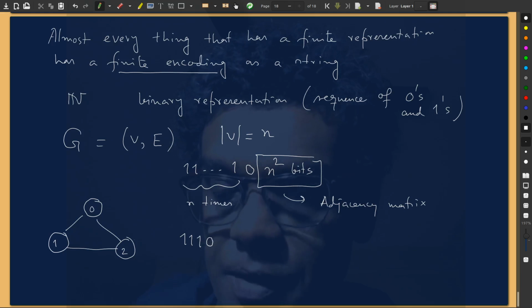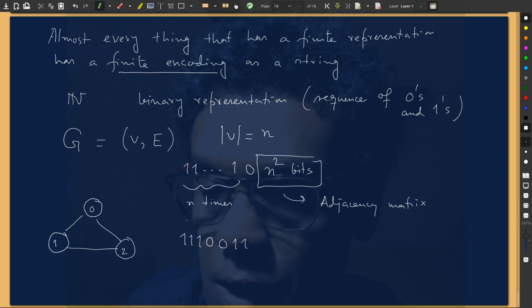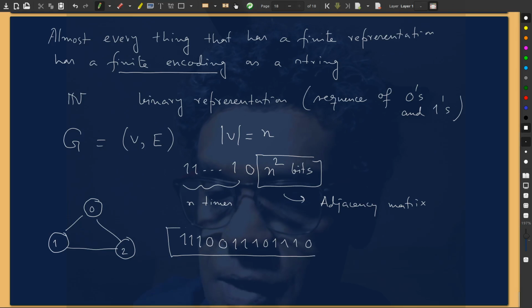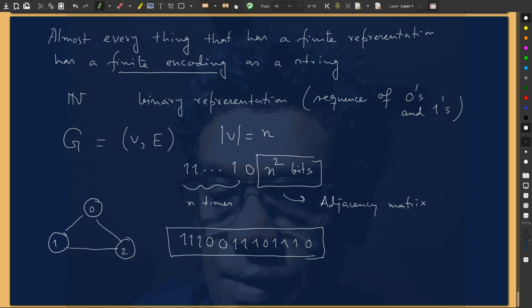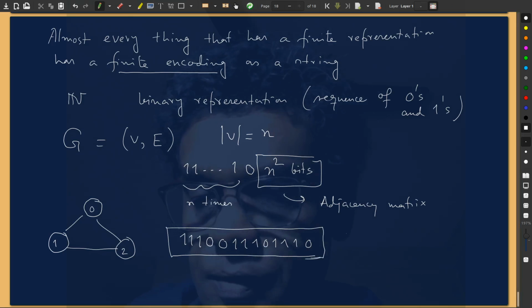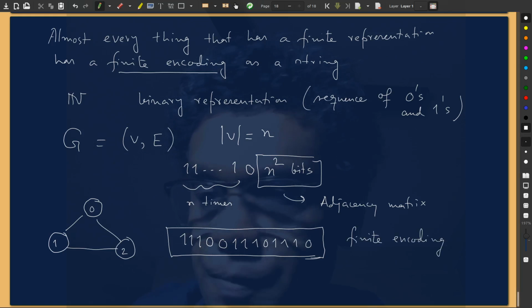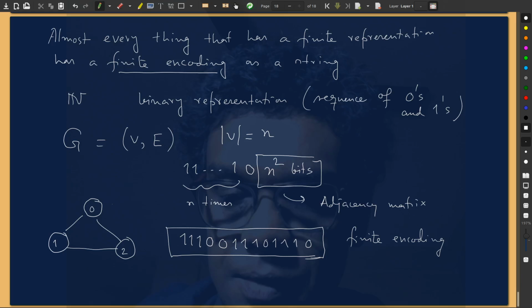Then I have a 3 by 3 matrix. For vertex 0, it is 0, 1, 1. For vertex 1, it is 1, 0, 1. Vertex 2, it is 1, 1, 0. So this is a finite representation of this graph as a binary sequence. We call this a finite encoding of this picture, which is this graph.